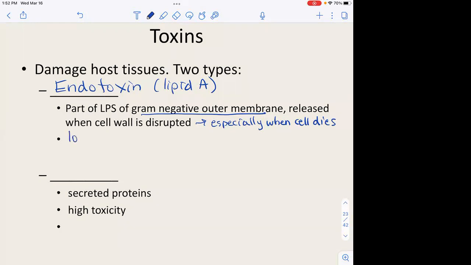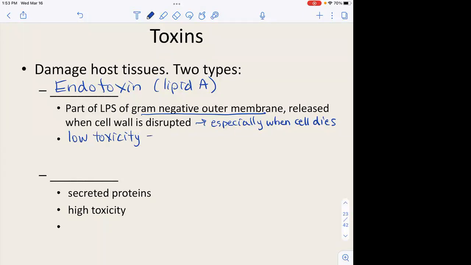Well, we consider endotoxin to have low toxicity most of the time. There are some exceptions to that, but compared to exotoxins, fairly low toxicity.